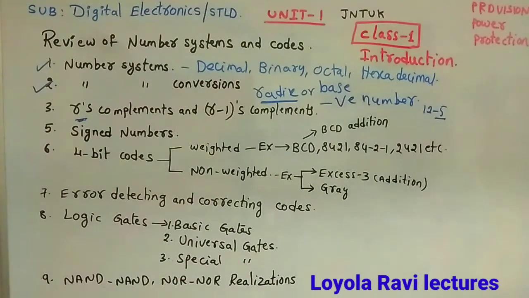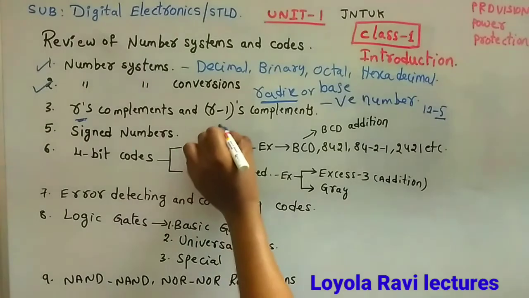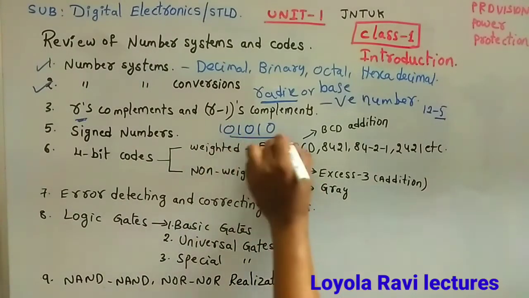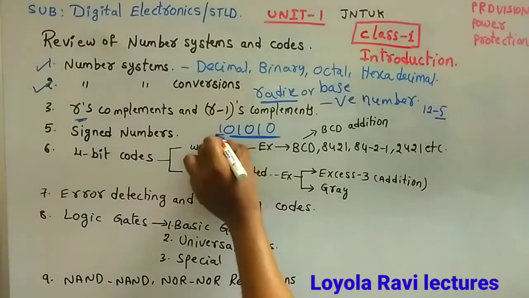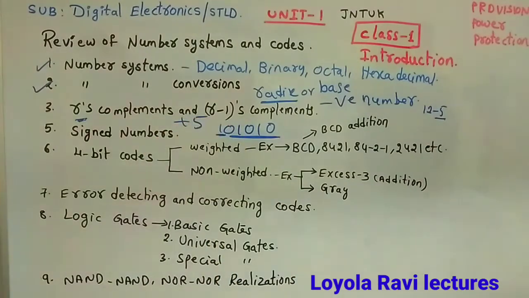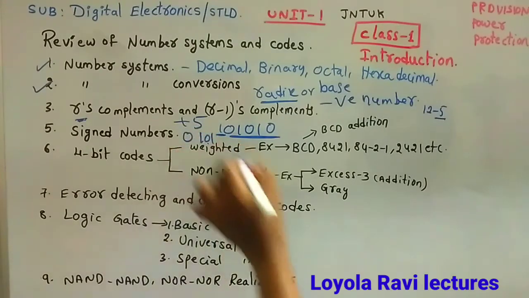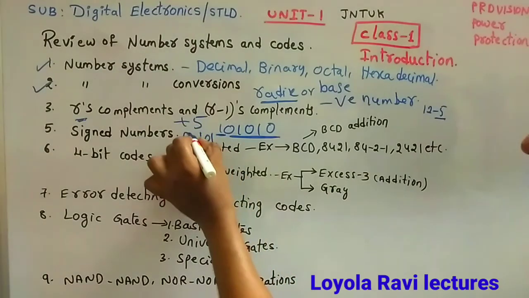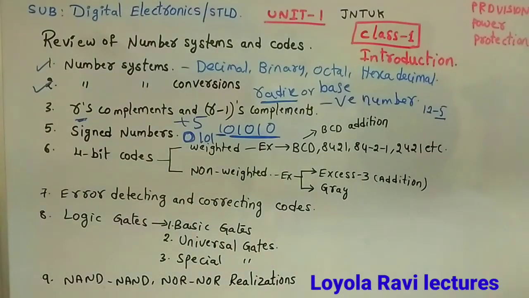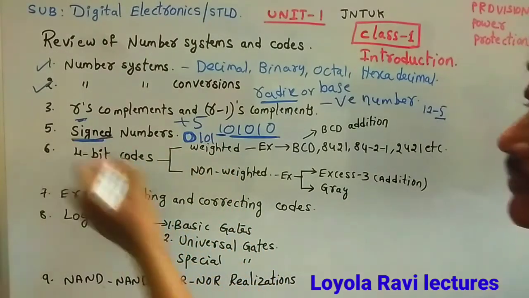Then there are signed numbers. For example, say we have a binary number. If my number is plus 5, I want to represent plus as 0 and 5 as the binary number 101. This 0 is the sign representation.